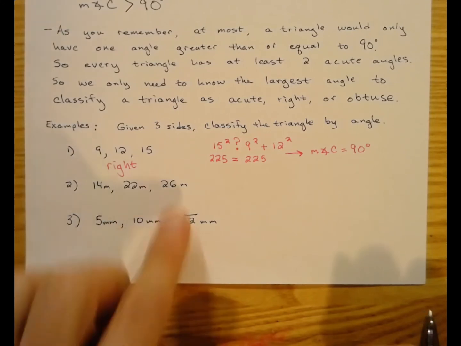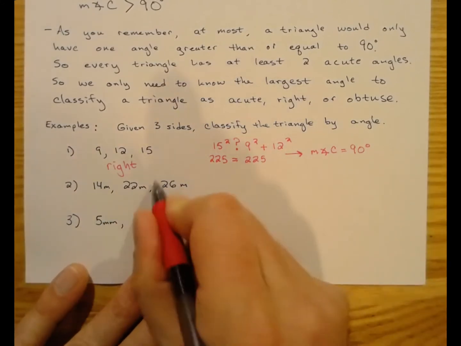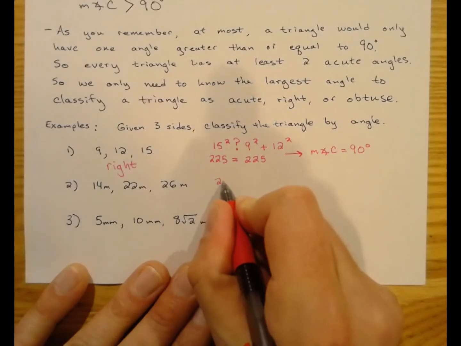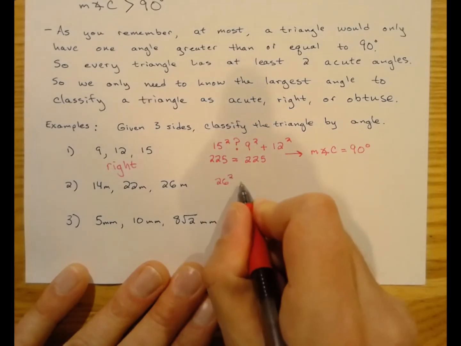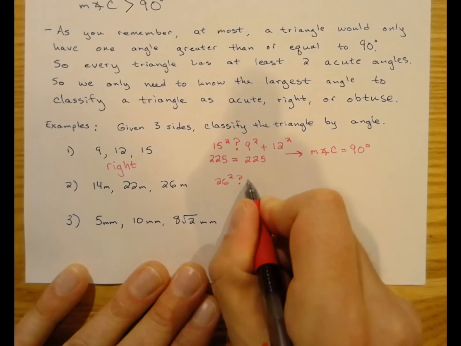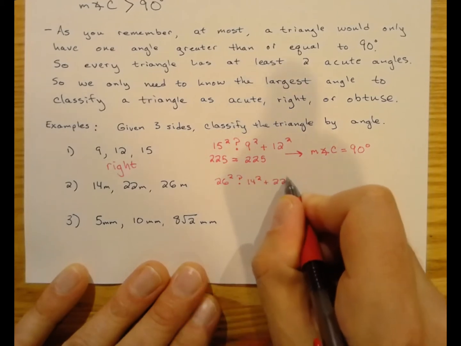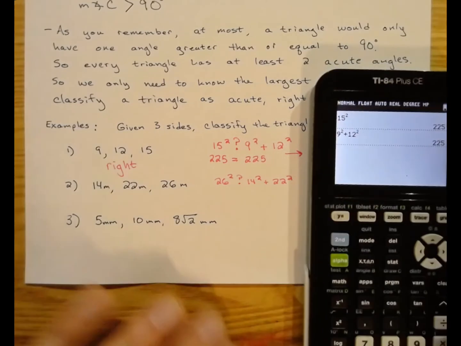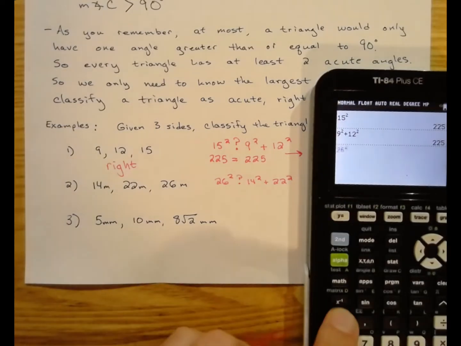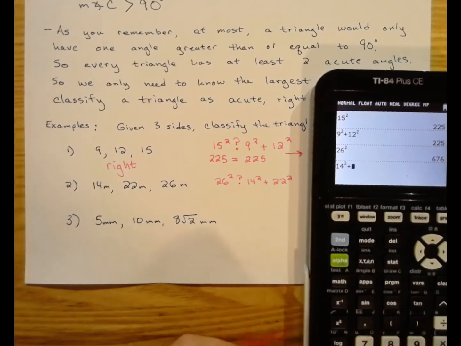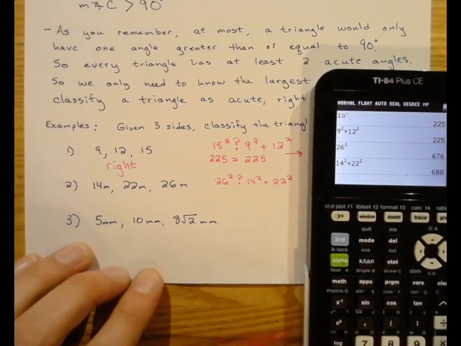Okay, let's take a look here. The longest side is 26, so we're going to compare 26 squared to 14 squared plus 22 squared and see what we get there. So 26 squared, 14 squared plus 22 squared. Oh, okay.